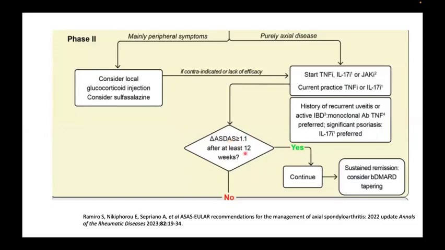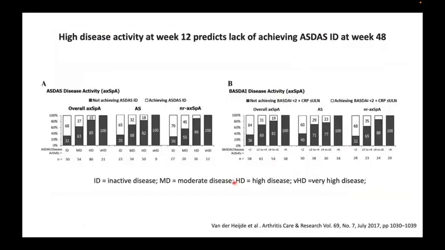If not, at the 12th week, you need to make some change. Why is 12 weeks mentioned in the recommendation? Because a study in 2017 showed that if a patient has very high disease activity at 12 weeks, it is very unlikely to get improvement later on, at 1 or 1.5 years.